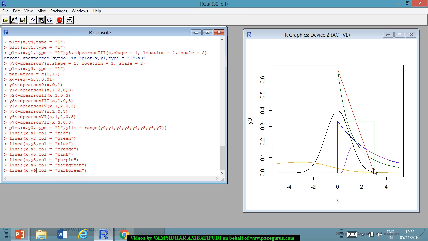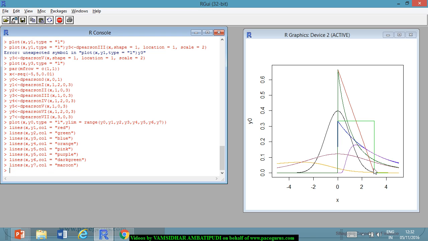Similarly, the T we can give some other color. I'll give maroon. So this is how the T is coming, just like a normal, but it is more and more flatter compared to a normal, but it is having more and more fatter tail.